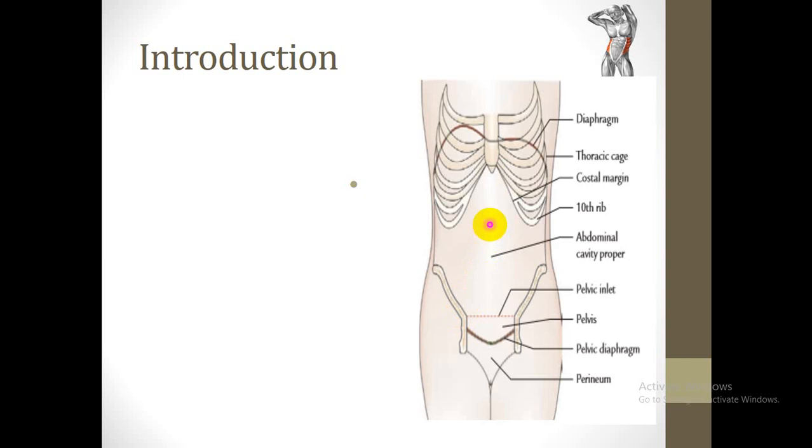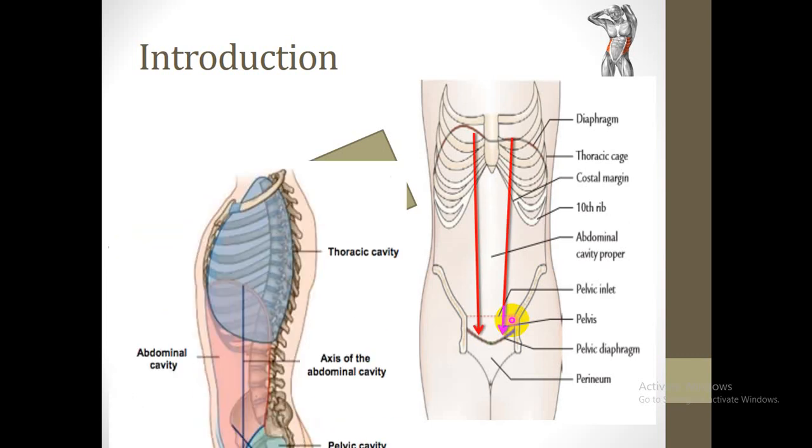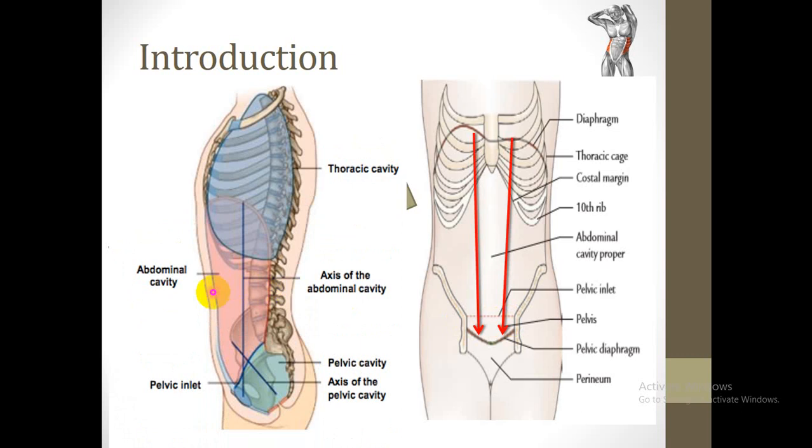Sometimes the abdominal cavity is divided into two large cavities, the abdominal cavity proper and the pelvic cavity, by a plane drawn at the pelvic inlet. The abdominal cavity is considered the largest cavity in the body and is surrounded anteriorly by the abdominal wall that is formed by muscle, and superiorly by the diaphragm that separates it from the thoracic region.